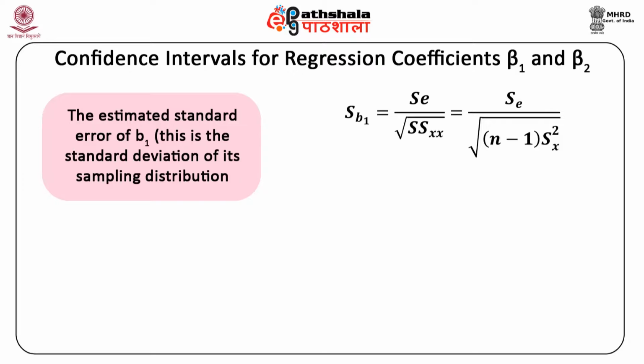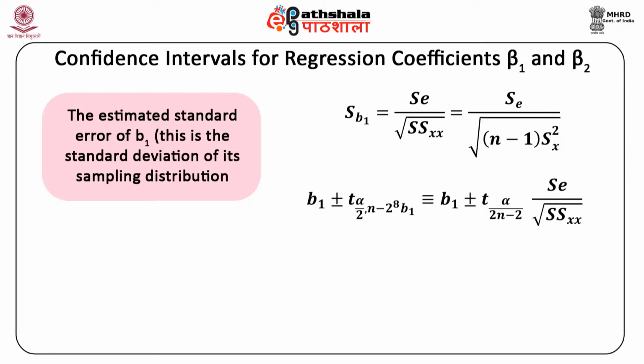The interval then can be written as b1 plus or minus t alpha by 2, n minus 2, times s_b1. This is equal to b1 plus or minus t with alpha by 2 and n minus 2 degrees of freedom times the standard error divided by the square root of SSxx.